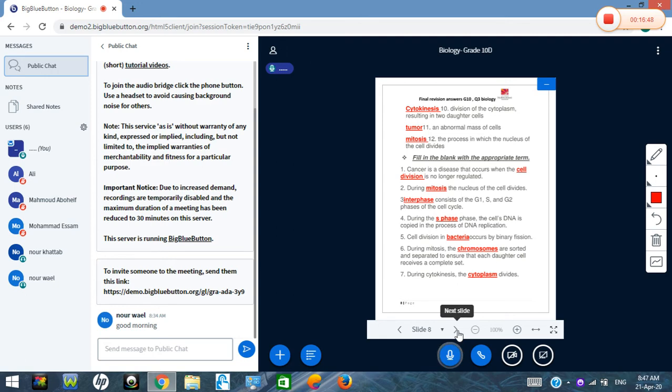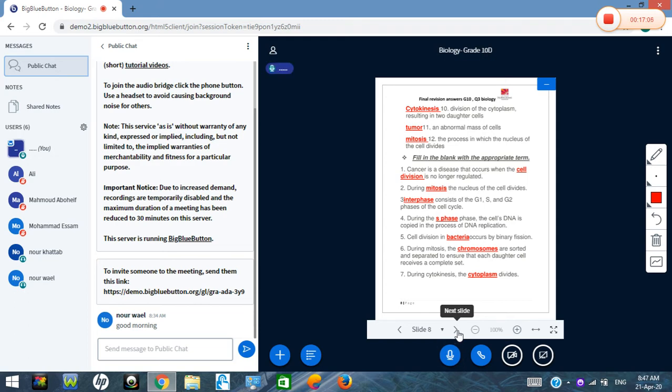We say that cancer occurs when the cell cycle or the cell division is not regulated or not organized.